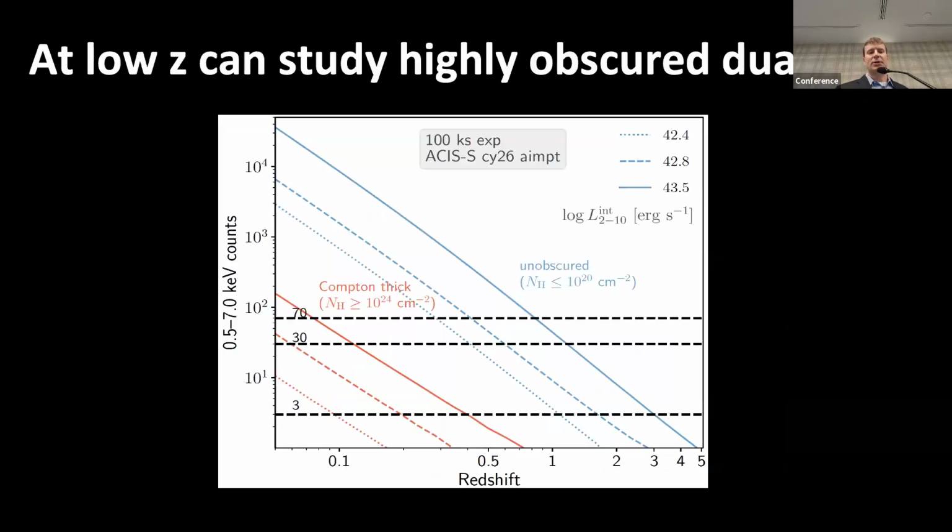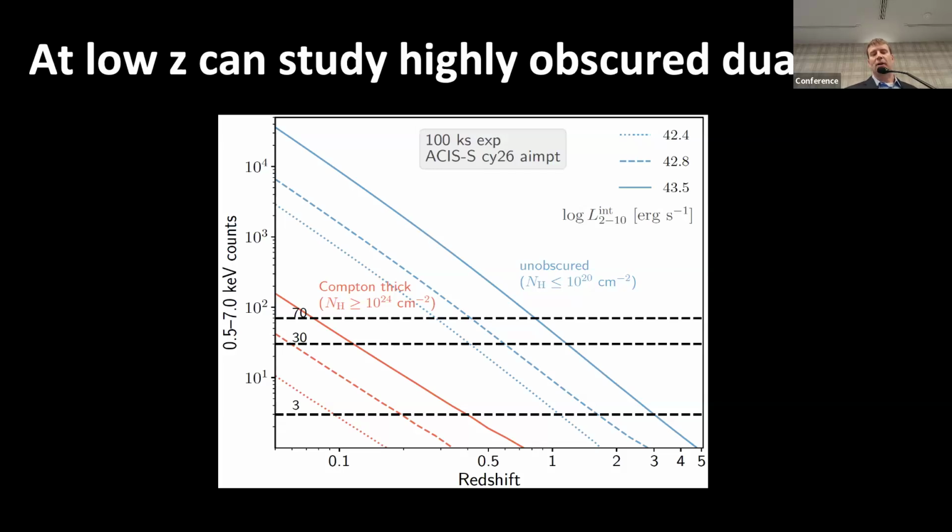And this is just showing what Chandra can do and why it matters. These are different curves for unobscured AGN at different luminosities, 42.4, 42.8, 43.5, and then the red is showing you what you would get for a mildly Compton thick source of 10^24. And you can see there are dashed lines for the number of counts, 3 or 30.